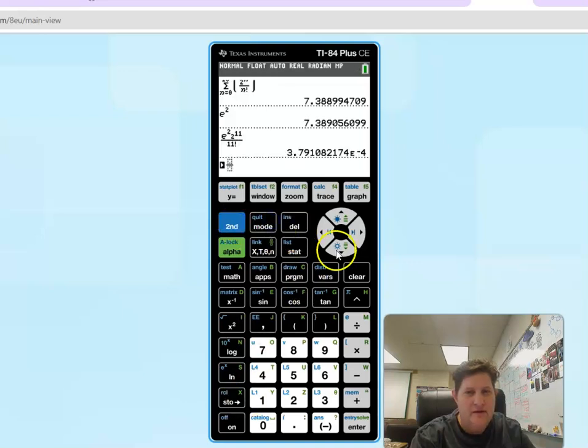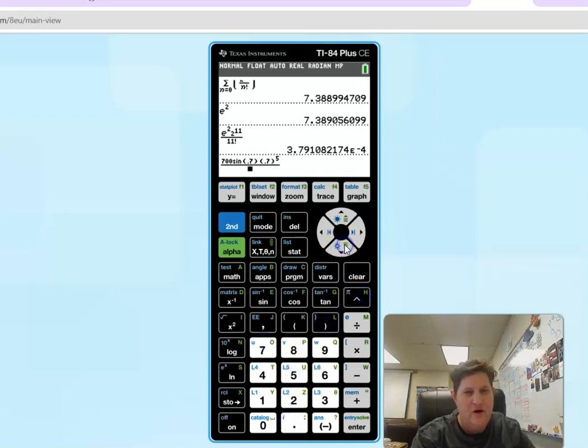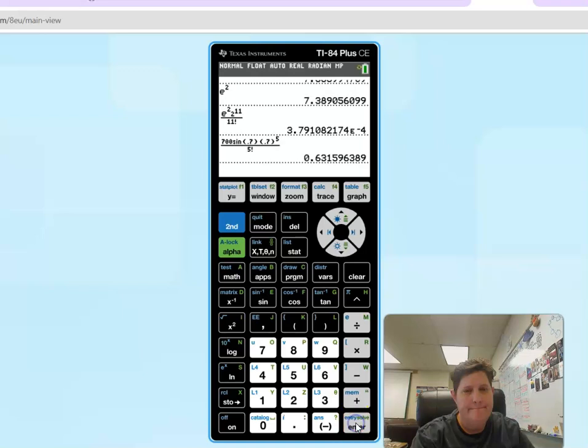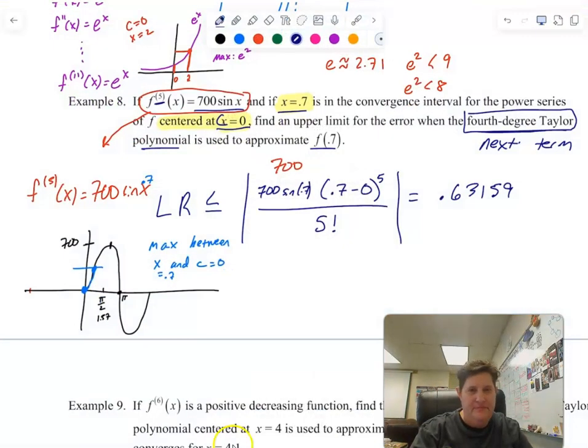I am, okay. 700 sine of 0.7 is where that would max out, and then it's 0.7 to the fifth over 5 factorial. Okay, and this is not a very good error bound, it's about 0.63159. That's not amazing, but there we go.